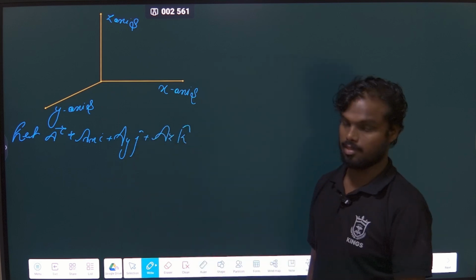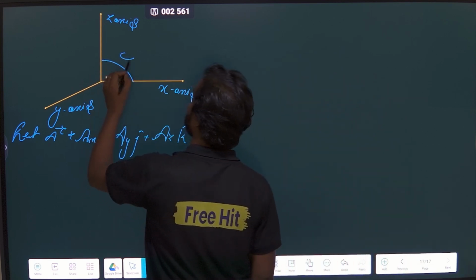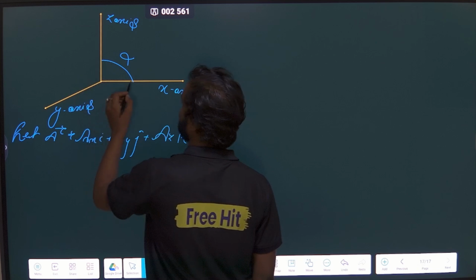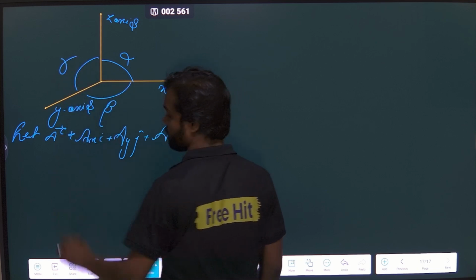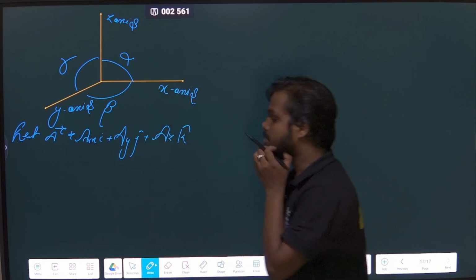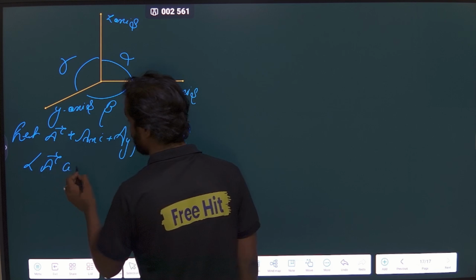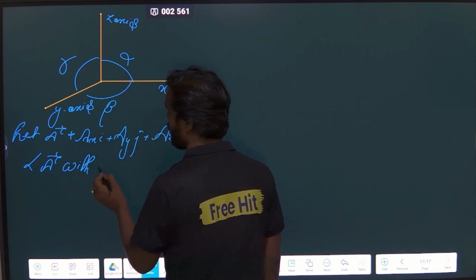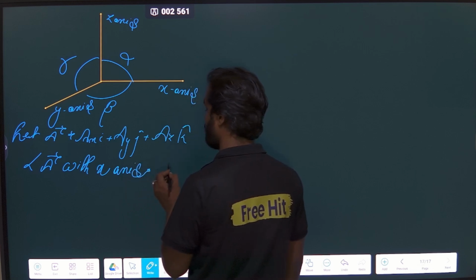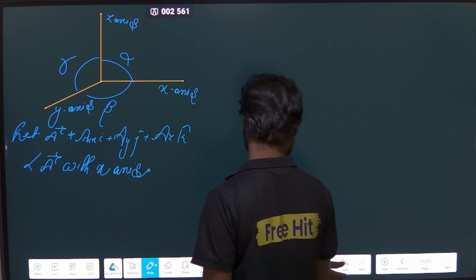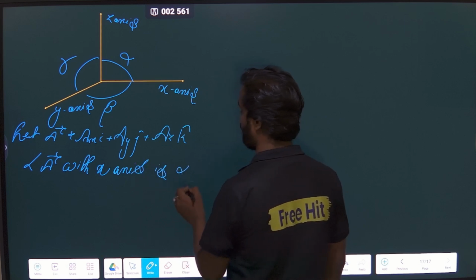This is my vector a, and suppose that vector a makes angle alpha with the x-axis, beta with the y-axis, and gamma with the z-axis. Means the angle of vector a with the x-axis is alpha.